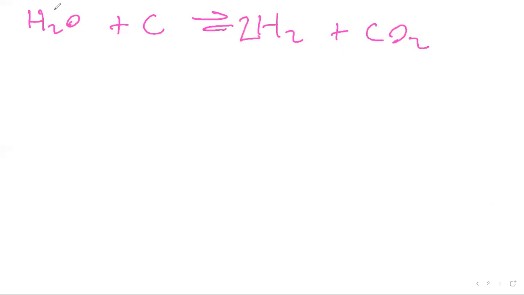So we have H2O, which reacts with carbon. It's a reversible reaction. Then it forms hydrogen gas plus carbon dioxide. So this is two. This is two. This is a solid. This is a gas. This is a gas. This is a gas.